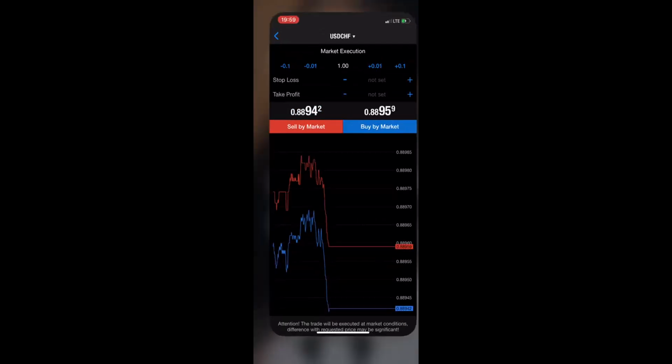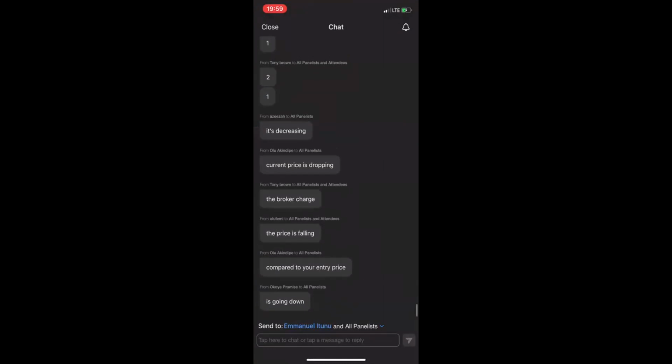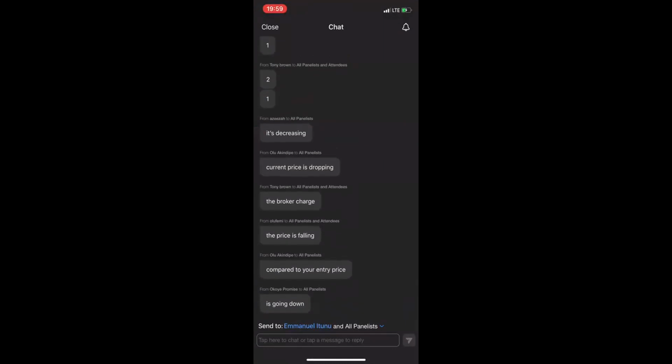So now, if I'm using 0.02, how much will I be making per pip? I said 0.01, you're making $0.1 per pip. If I'm using 0.02, how much am I making per pip, guys? $0.2.